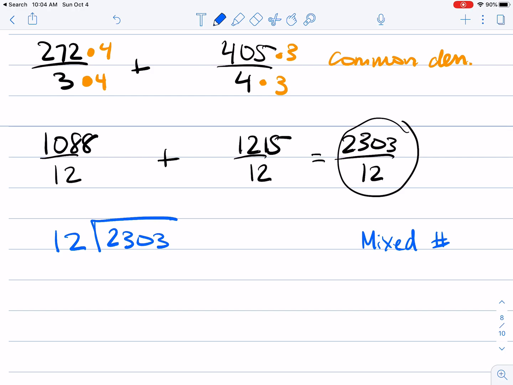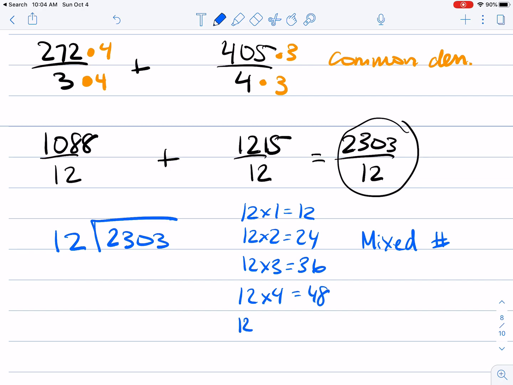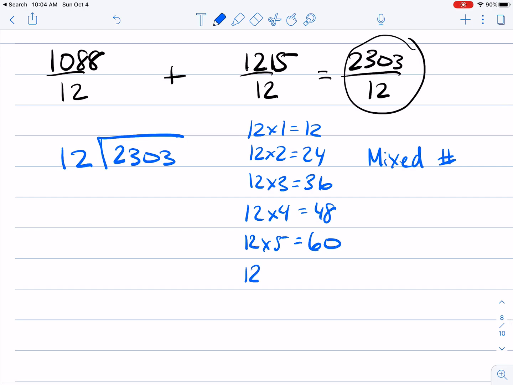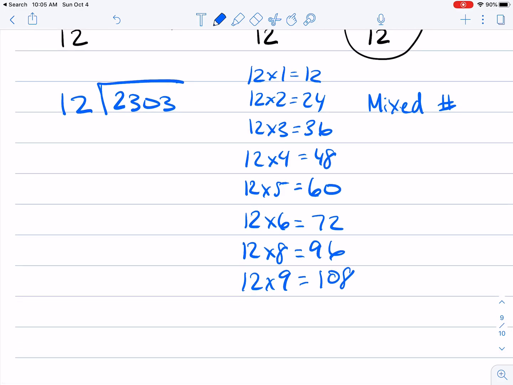If it helps, we can do our list on the side. 12 times 2 is 24. 12 times 3 is 36. 12 times 4 is 48. 12 times 5 is 60. 12 times 6 is 72. 12 times 8 is 96. 12 times 9 is 108. And we don't need 10. Okay.